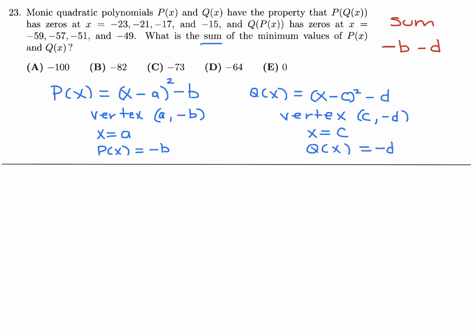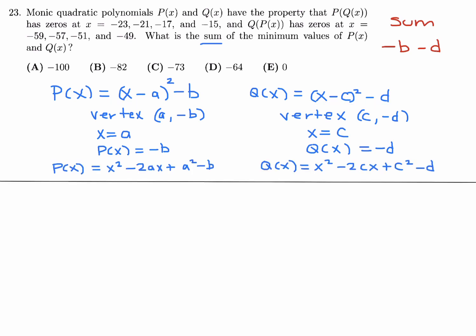Now, if we were to expand these out, I'll just quickly write what they will look like. So p(x) is this, and q(x) is that, and we'll be able to use that later on. Now, let's start talking about the roots.